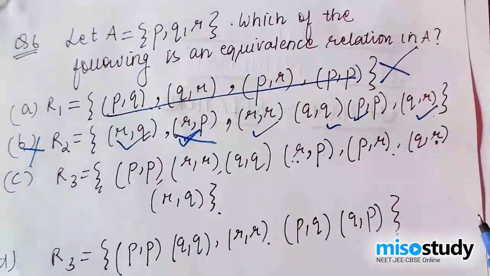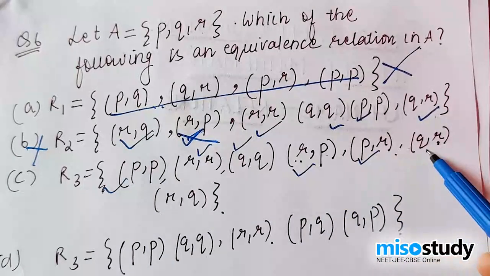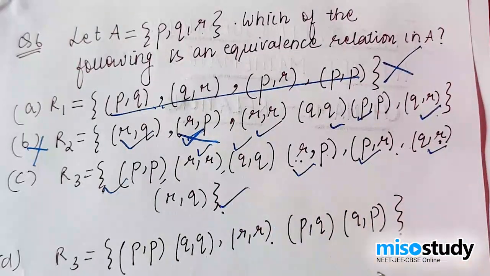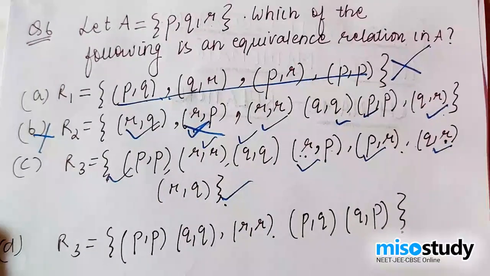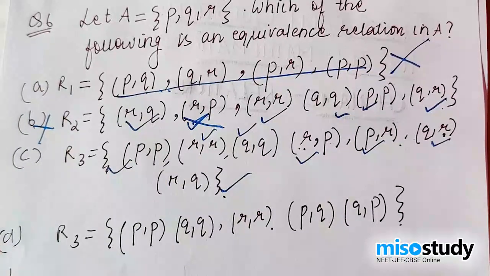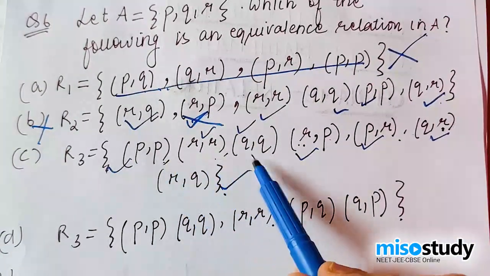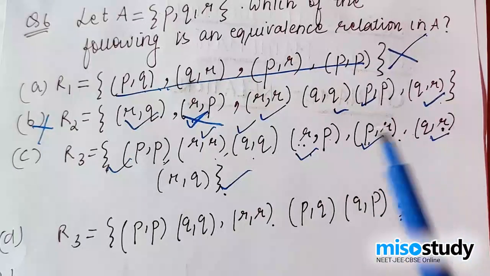Coming to option 3: PP, QQ, RR, RP, PR, QR, RQ. Now let's check whether this is transitive also. So PP, RR, QQ, reflexive for sure. RP, PR, yes. QR, RQ.